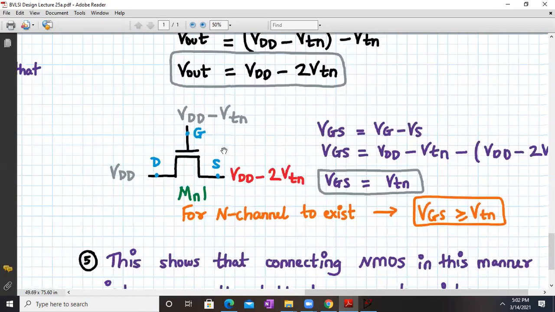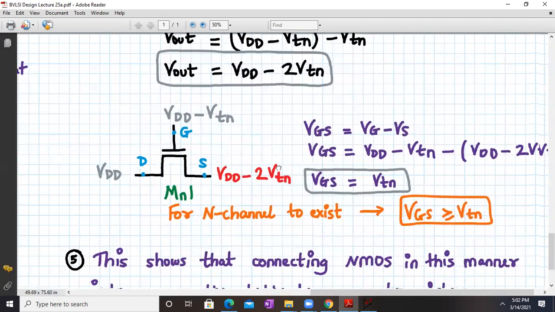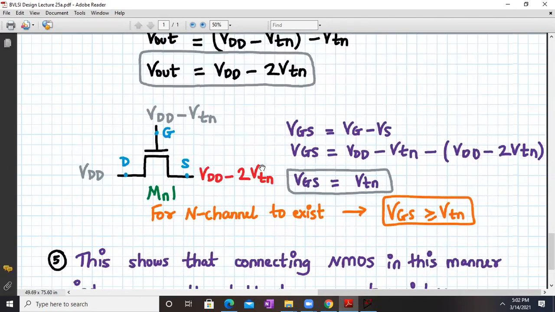So at the gate terminal we have VDD minus VTN, and at the drain terminal we have VDD, 5 volt. If we compute Vg minus Vs, Vg itself is VDD minus VTN. And if I keep Vs also as VDD minus VTN, then this VGS becomes 0.